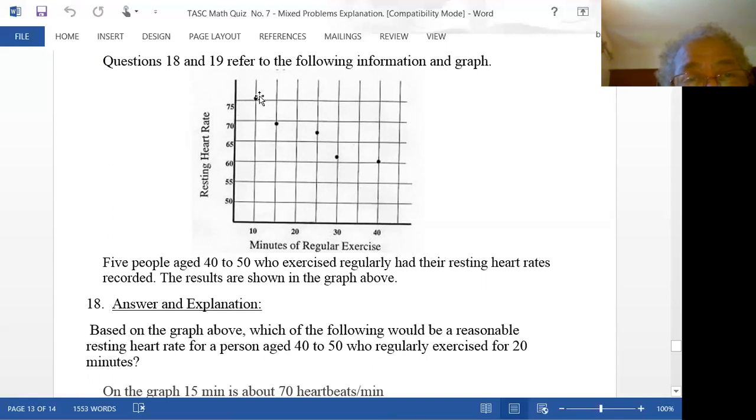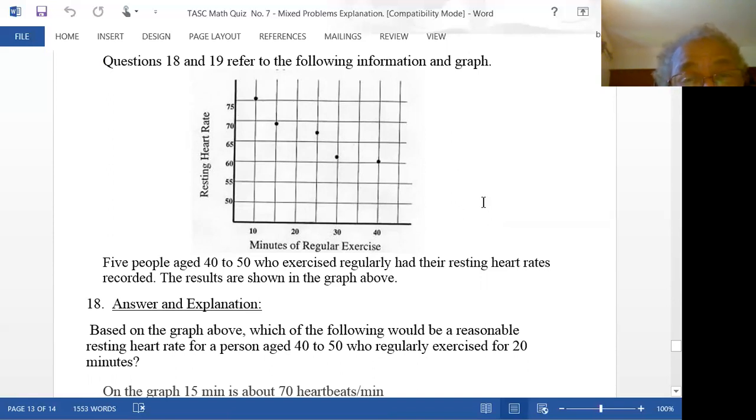Up here, a little above 75, is 10 minutes, right? But down here, which is around 60, is 40 minutes. So you notice that as you increase the minutes of exercise, your resting heart rate decreases, okay?